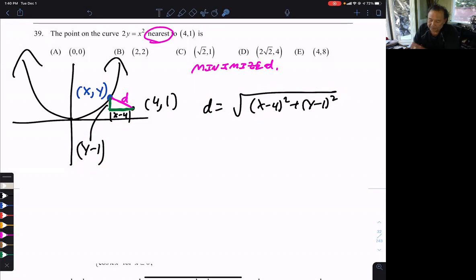Now, here's where the logic takes place. You want the smallest distance. Minimums occur at critical points or endpoints. So you have to find the critical points or endpoints of this. How do you do that? Well, here's a shortcut. Here's a secret. I'm going to claim f of x is the inside function.